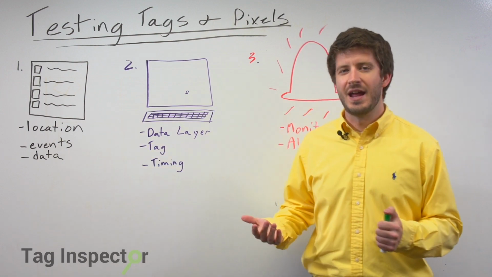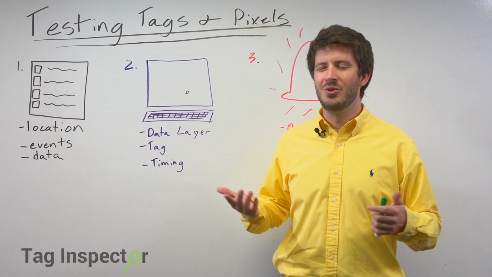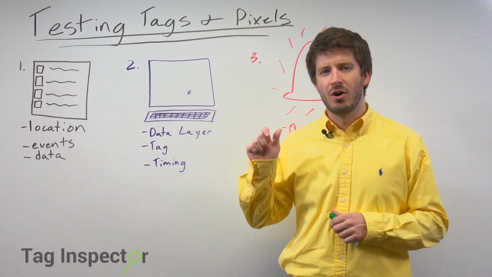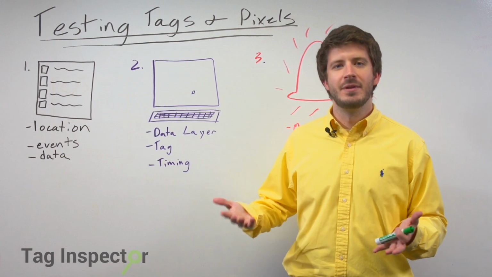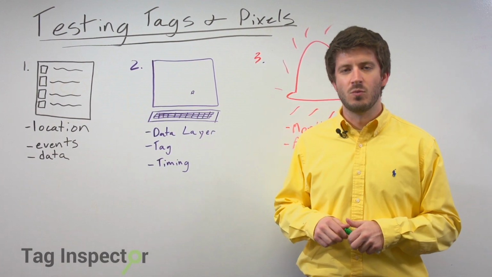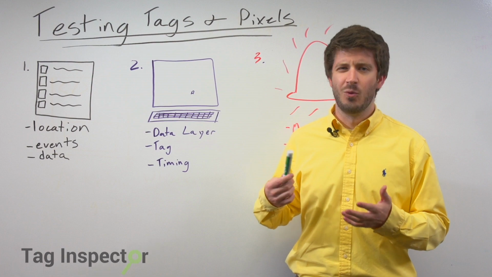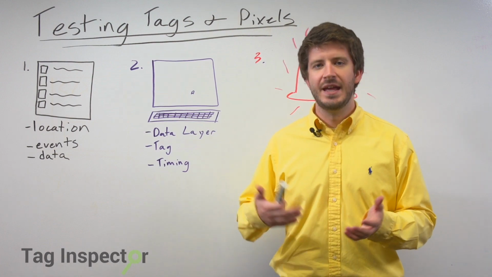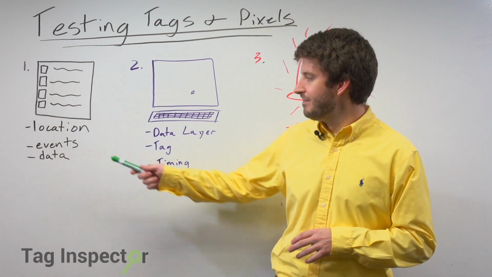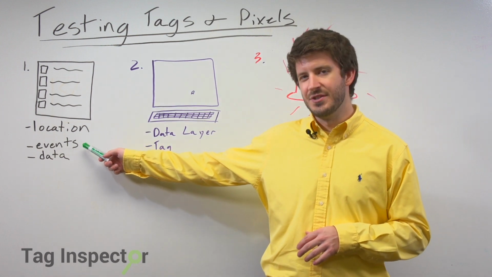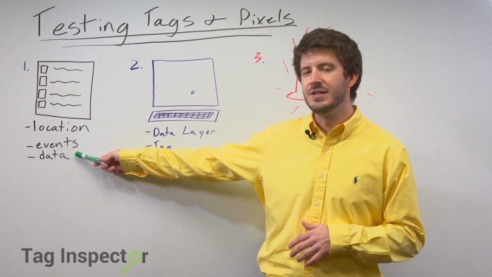A lot of times we might have a client that will say, hey, I don't know how many people are signing up for this particular form. Well, it's because that form has never been tracked. It's never been a requirement on the website, or it's something that's brand new and the tracking hasn't been updated and hasn't been pushed out there yet. So we need to know those events, those interactions that should be being tracked, and then we need to know the data.